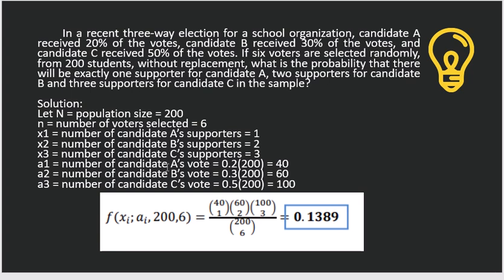So we have the number of candidates for voters. Kunin natin yung percentage na to, then multiply natin by the number of students. So magkakaroon sila ng result na 40, 60, and 100. Just follow the probability notation, and you're going to have the result of 0.1389.